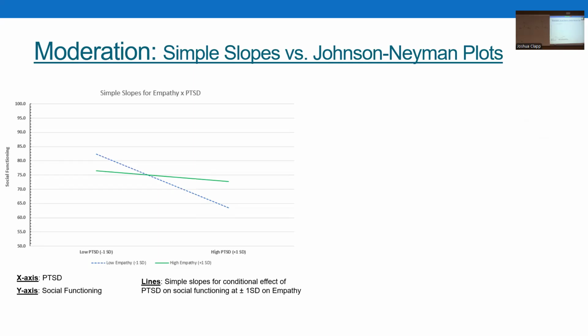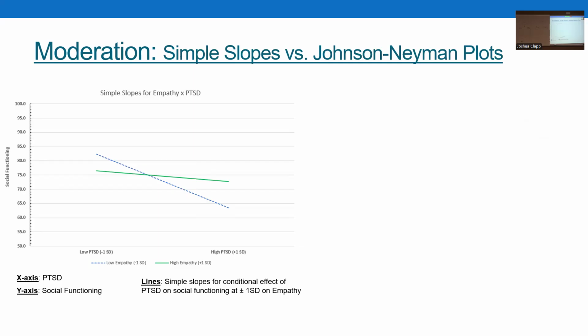At low levels of empathy, we're seeing a negative relation: as PTSD increases, social functioning goes down for individuals scoring a standard deviation below the mean of empathy in this sample. For people scoring a standard deviation above the mean, it's not really an association. PTSD doesn't appear to be related to social functioning at high levels.